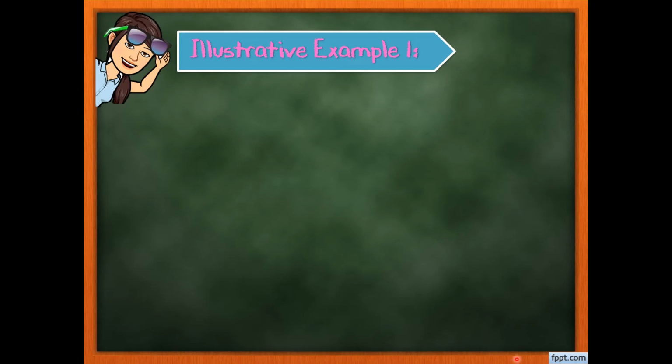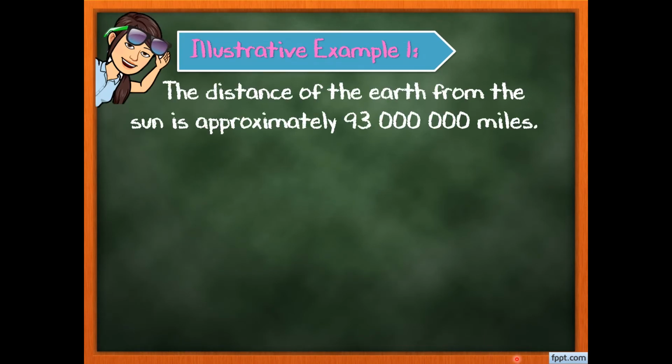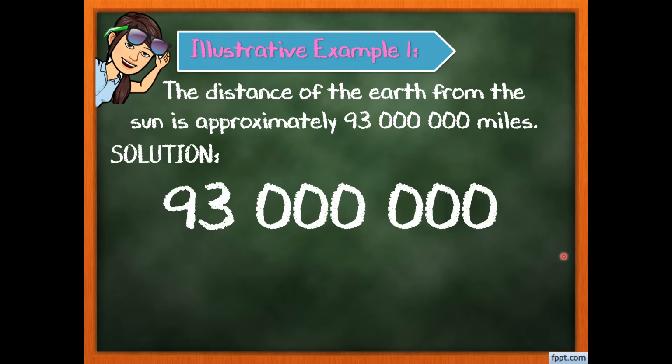So let's have here an example. The distance of the Earth from the Sun is approximately 93 million miles. So we need to translate 93 million miles into scientific notation. So our solution, you write first 93 million miles.